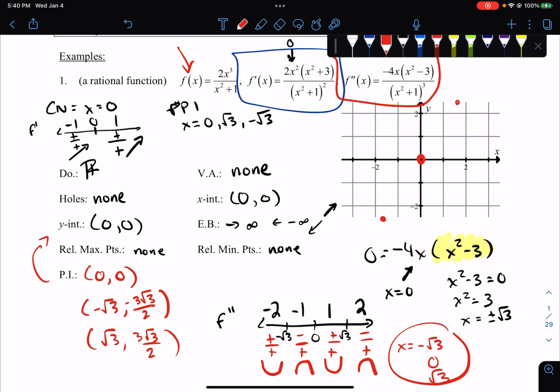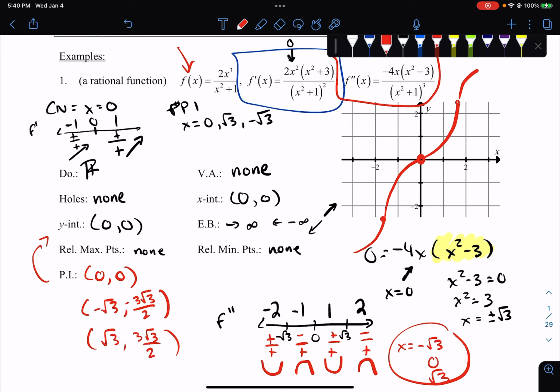So my function is something like this. But then when I hit root 3, I change to concave down until I get to 0, which looks maybe something like that. And then I switch to concave up again. Whoops, I don't erase. That's not what I wanted. I get concave up until I get to positive root 3, and then I get concave down again.